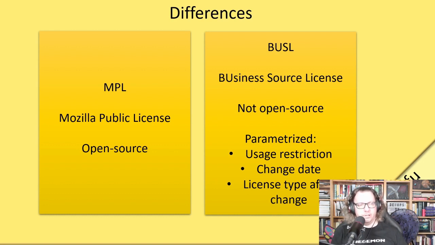First of all is the usage restriction. As this is a parameterized license, I can say, for example, that if there are 10 or 100 people attending this session, I set the usage in such a way that 80% of you will be able to use this product and 20% will not. I can say that if you work for a company where more than 1,000 people work, you cannot use this tool for free.